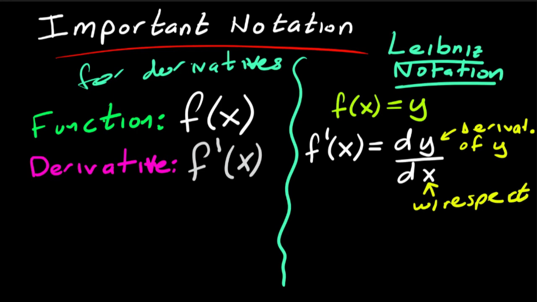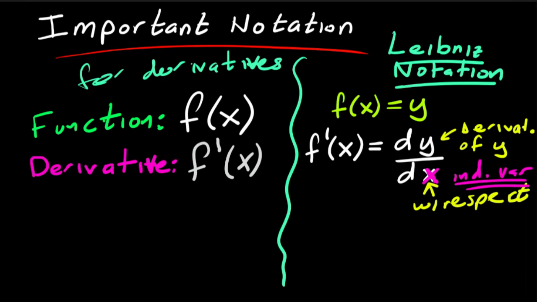So that's one of the advantages. Here it's saying that x is the independent variable, and we'll have different situations later.